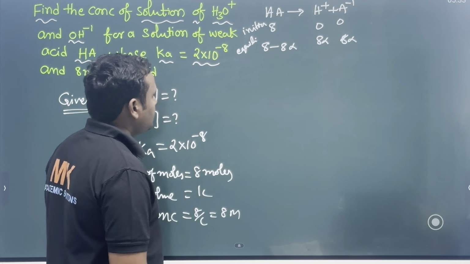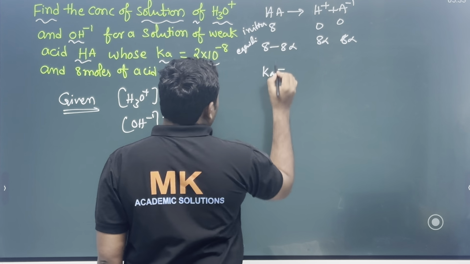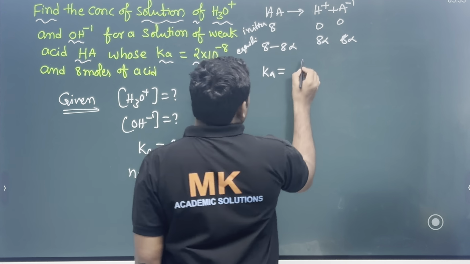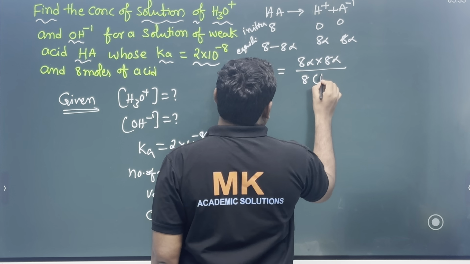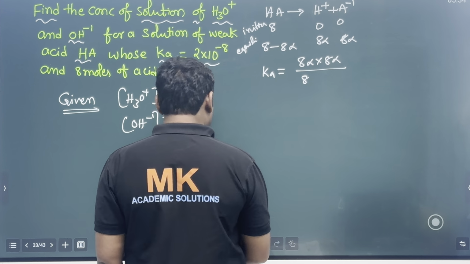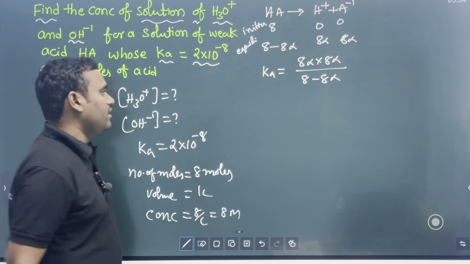Okay, so now Ka is equal to 8 alpha into 8 alpha by 8 minus 8 alpha.